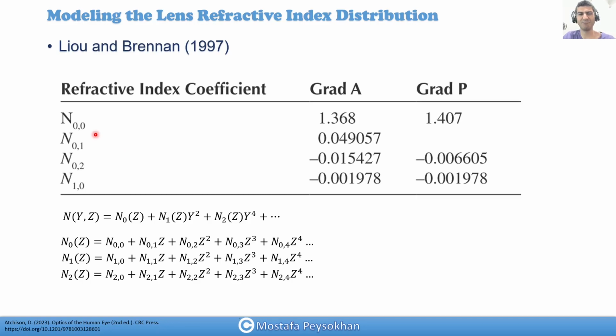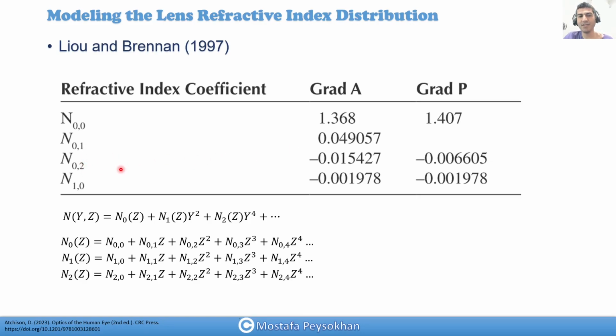N00, as I said, we can consider as a constant or average of the refractive index, which is 1.368, pretty close to the refractive index of water. And it makes sense because most of the material in our eye is water, so the refractive index is pretty close to water.